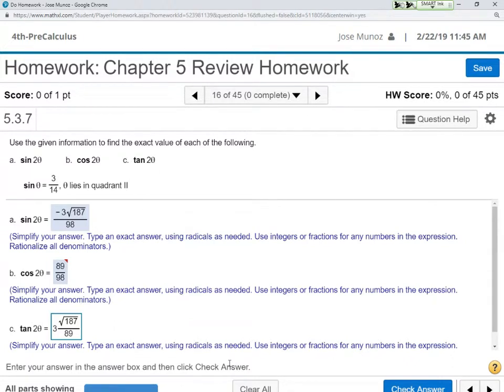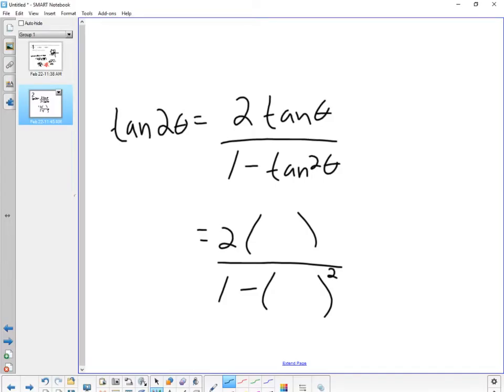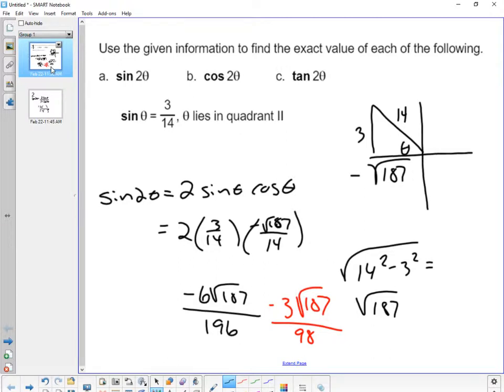It's on the other slide. So tan would be, didn't they give us a tan? No, so it's 3 over 14, right? No, this over this. So negative, sorry, 3 over negative square root of 187.